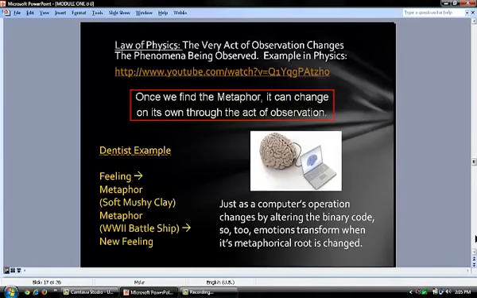Through the act of observation, where the phenomena being observed changes on its own, just by being observed, within the subconscious mind there is an opportunity for those images being observed within the inner mind to change on their own. The change in the operational language of the subconscious mind changes the thoughts and feelings and reactions they directly influence. So by allowing the soft, mushy clay to develop on its own into a World War II battle cruiser, we can expect a change in the unwanted behavior.